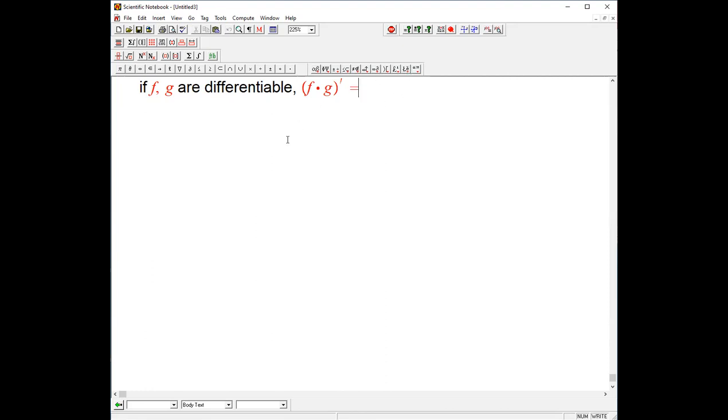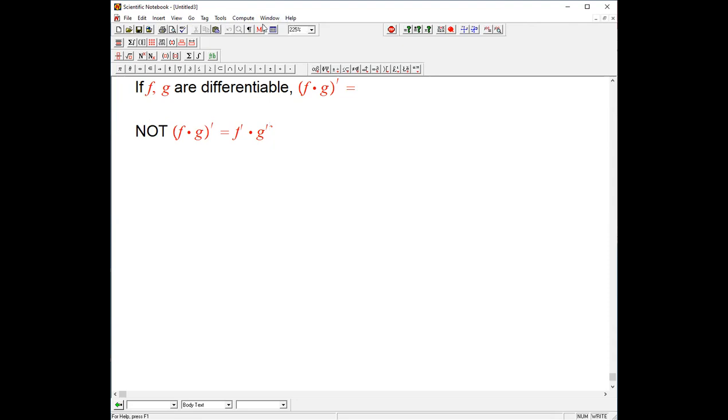One thing is certain: the derivative of a product is not the product of the derivatives.